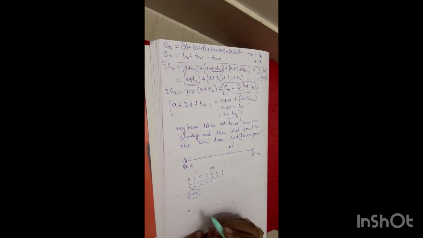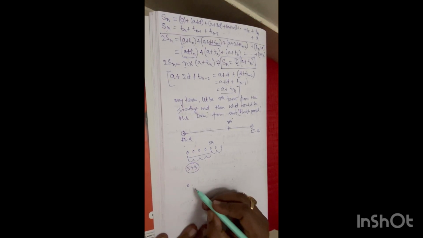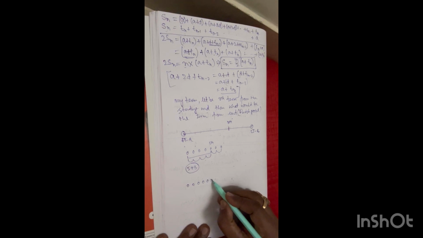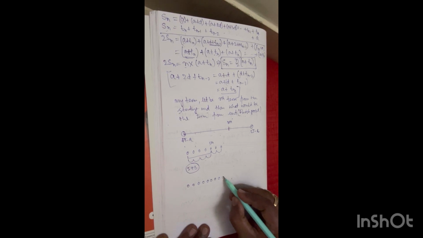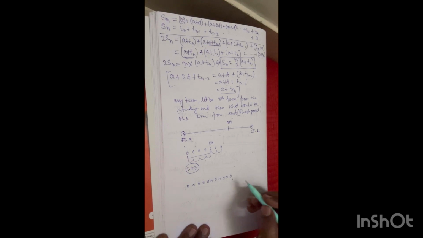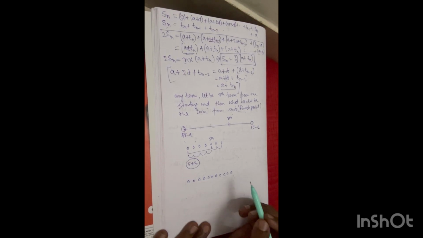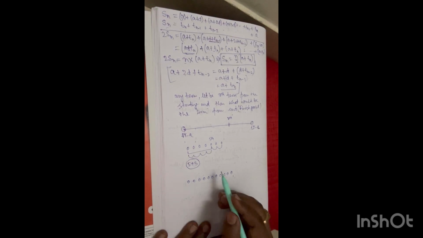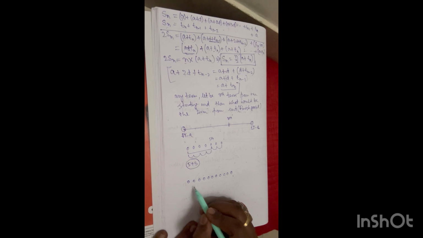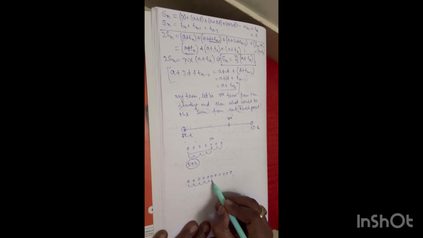Let me take another example with a different count of numbers. Let's say 1, 2, 3, 4, 5, 6, 7, 8, 9, 10, 11. I'm taking a few more numbers so that we can establish a rule out of it. Now here I want the seventh term from the first position: 1, 2, 3, 4, 5, 6 and 7.